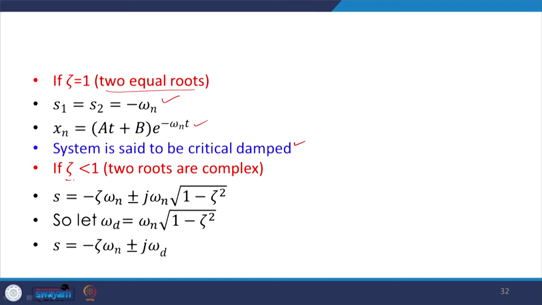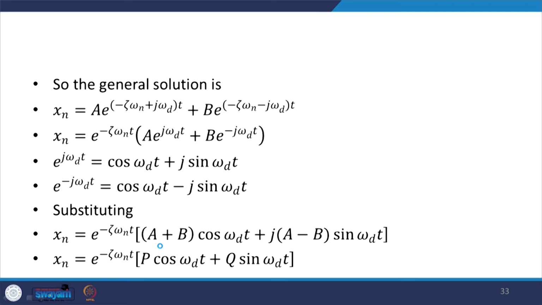And if zeta is less than 1, then the 2 roots are going to be complex. We define this as the damped frequency, and the 2 roots can be represented like this. So, this is going to be my general solution. If I just substitute, I can further simplify this solution by representing the exponential function as cosine and sine functions.